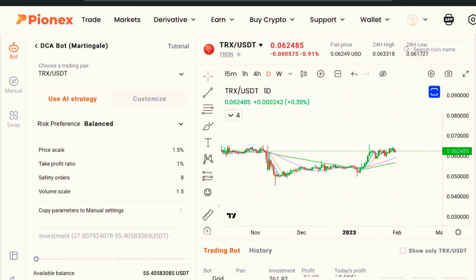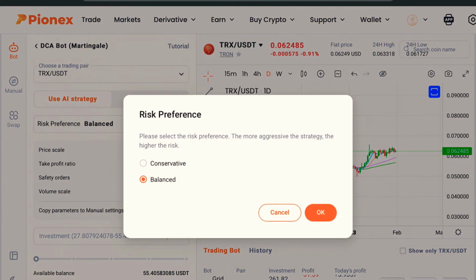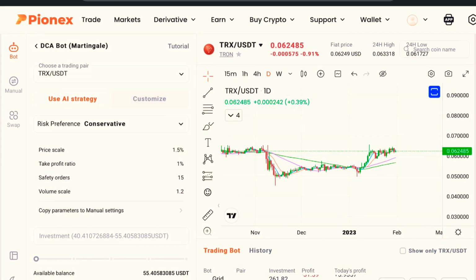And now let's look at the conservative one. In the conservative one, you can see the price scale is still 1.5, but the safety orders are 15. So it's 15 safety orders, that is 15 times 1.5, and that would be 22.5.